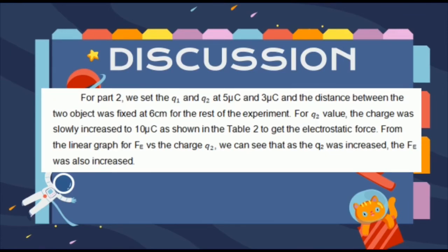The Q2 value was increased from 3 microcoulomb to 10 microcoulomb as shown in table 2 to get the electrostatic force. From the linear graph of Fe versus the charge Q2 that we plotted, we can see that as Q2 increased, Fe also increased.